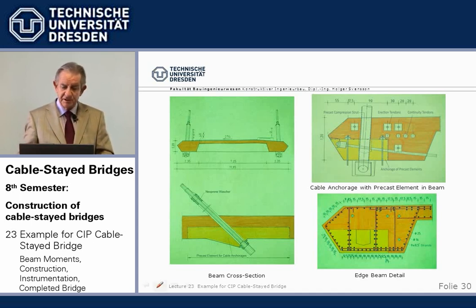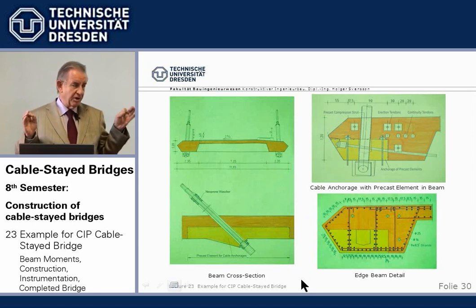How to do it? Well, we can do it by using this precast element, bolt it to the form, and then attach the final cable at its final position and connect it with bolts to the form. And once you stress it, the concrete is cast and hardened, you loosen the bolts and go to the next element.